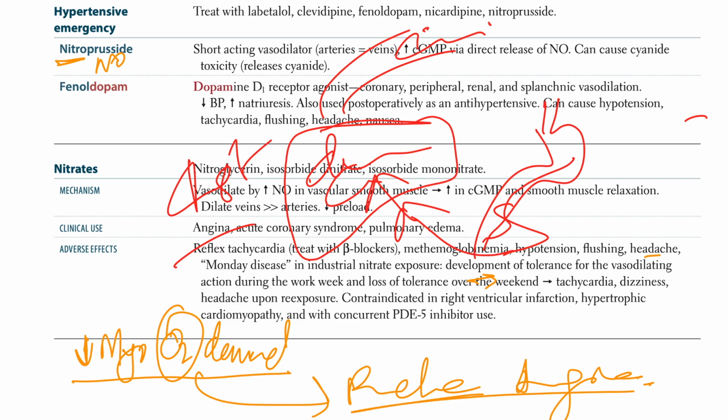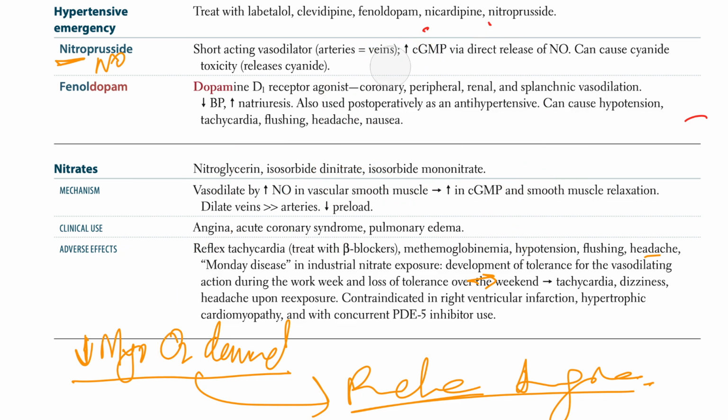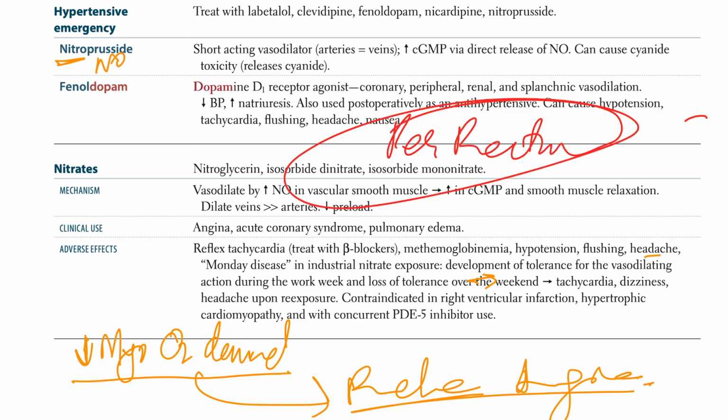To avoid first pass metabolism, you can give the drug straight up IV, put it in the vein, or give the drug per rectum. Because if you recall, in the rectum below the dentate line, the venous blood does not go back to the portal circulation.